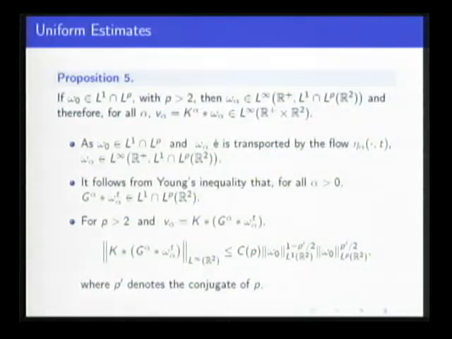So if our vorticities are in L1 and L1 intersect LP with P strictly bigger than 2, one can show that since our omega alpha is transported by the flow that preserves the Lebesgue measure, we have that omega alpha is L infinity in time, L1 intersect LP in space. And moreover, using Young's inequality, one can show that V alpha is uniformly bounded in L infinity.